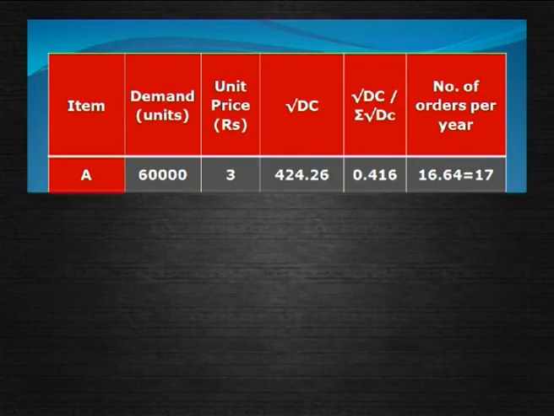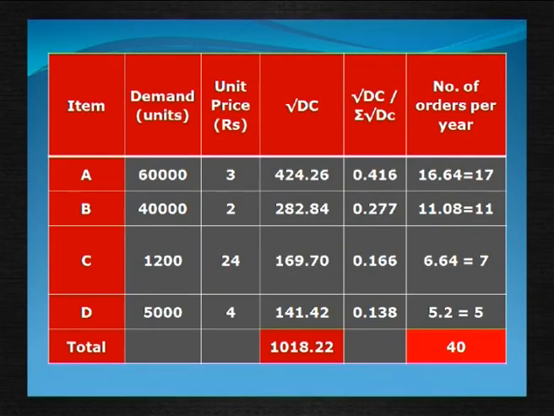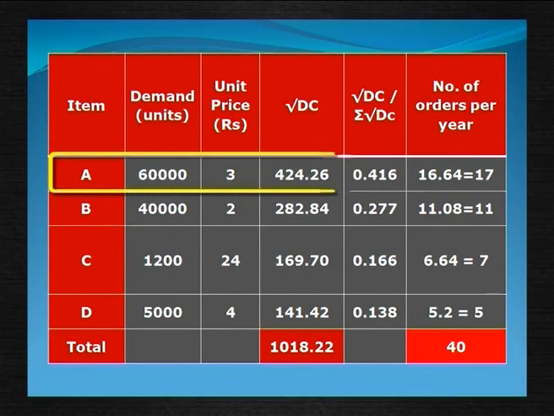Next, we will calculate the number of orders per year, which is equal to N into square root of DC divided by summation of square root DC. So, N here is equal to 40 orders per year, and taking the values in column 5 of the table, we get the values as follows. For item A, 16.64, which is approximately 17 units.